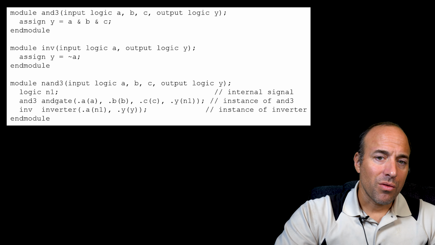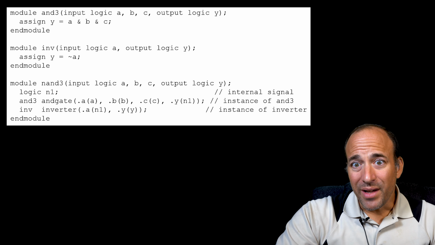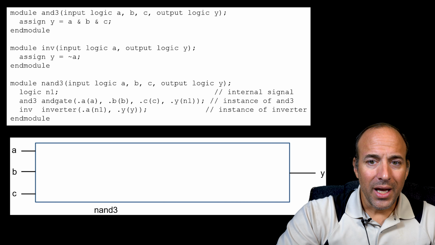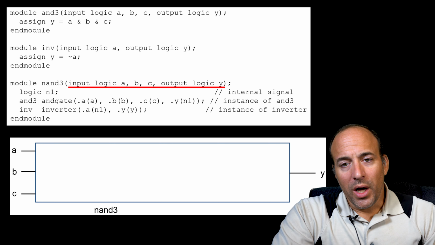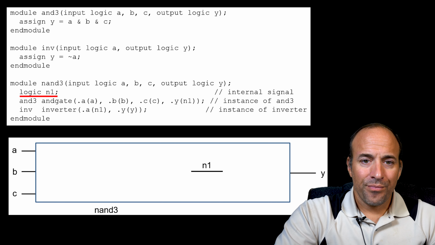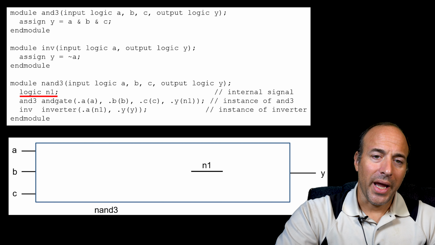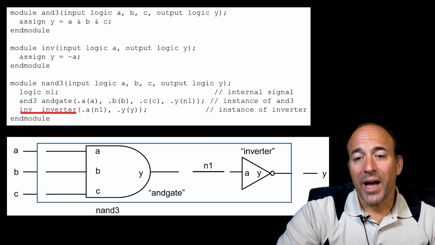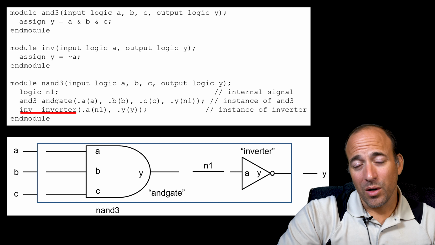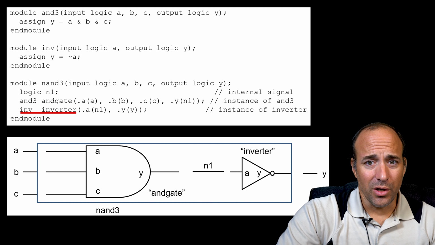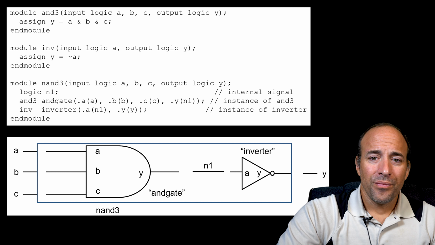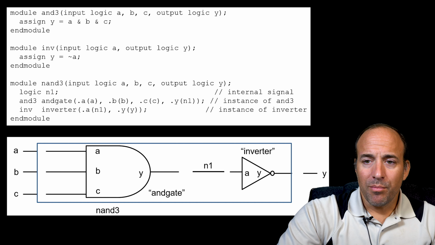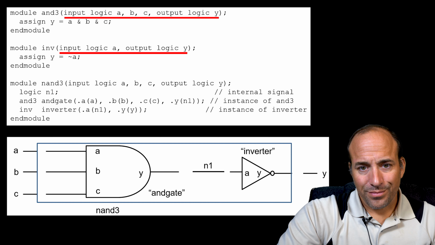In this case, the NAND3 module has top-level inputs A, B, C, and output Y, shown here, and internal signal N1, which is declared internally, and then one and3 and one INV are instanced. Now, we could instance more if we wanted to, but in this case we just instance one example of both, each with its own named input and output ports.